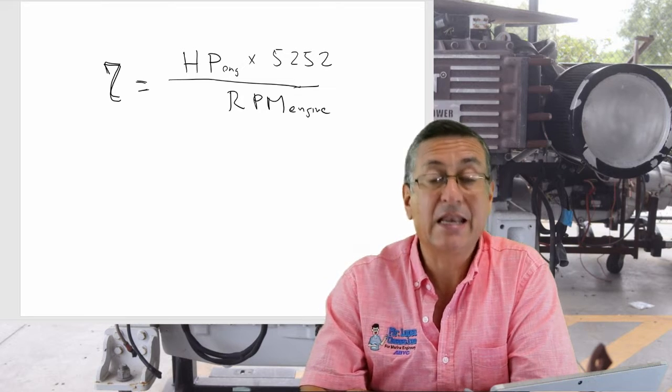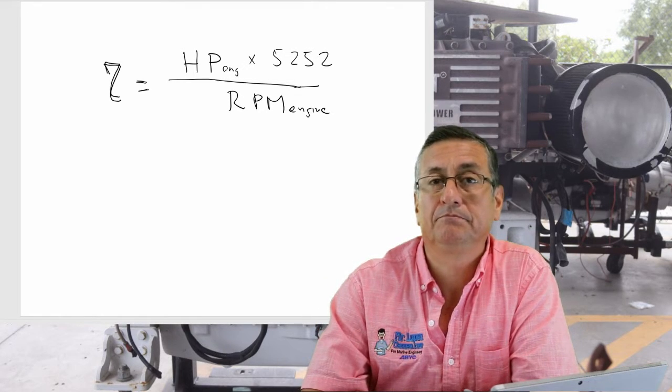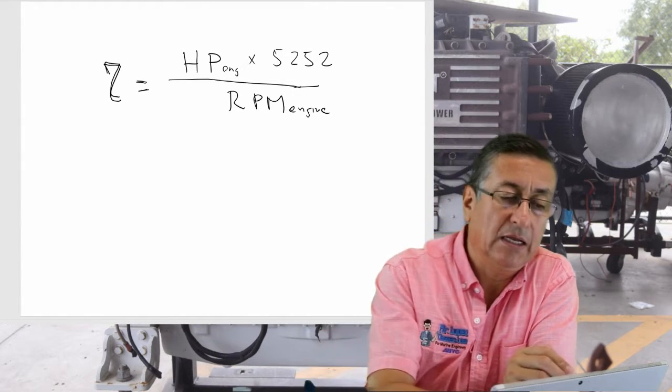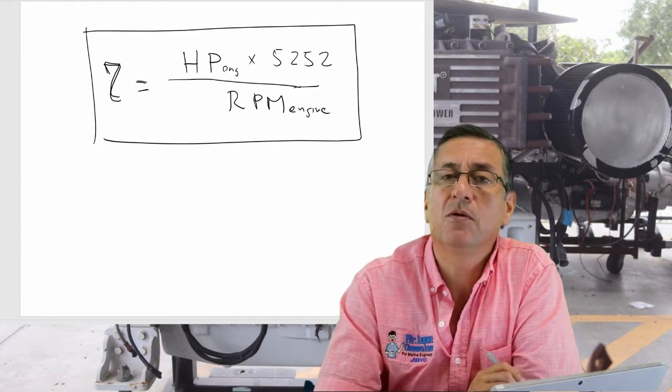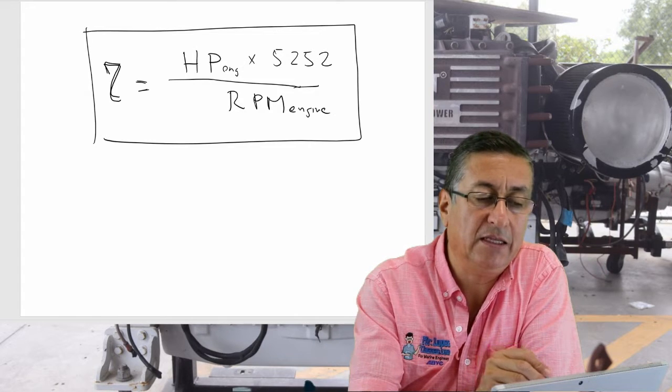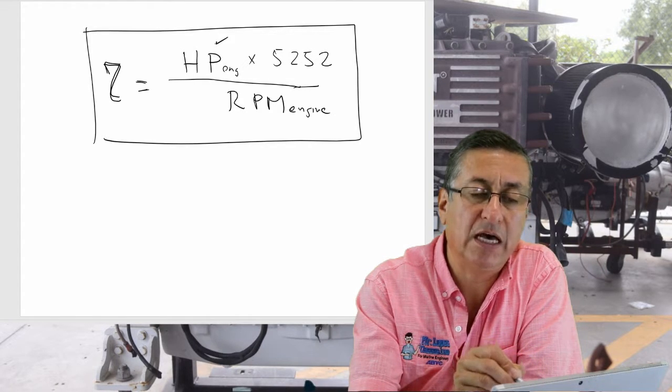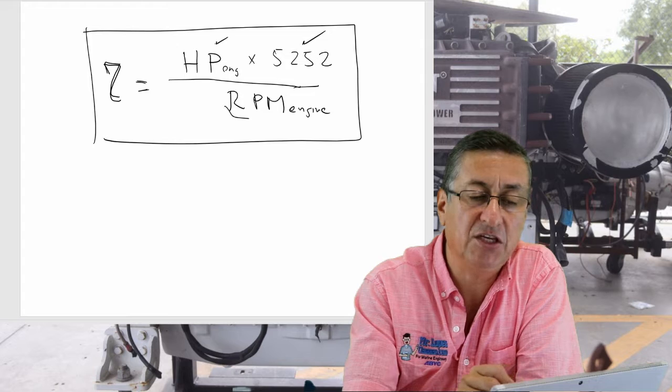Alright, my friend, this is an important formula. The torque is equal to the horsepower times the constant, divided by the engine RPMs.